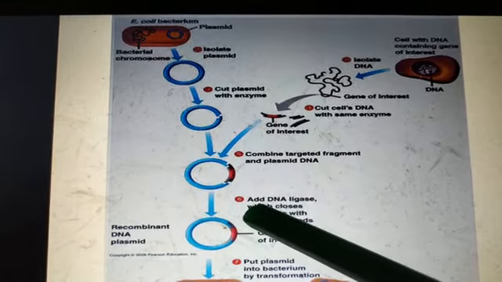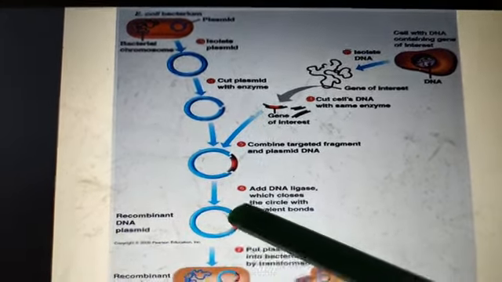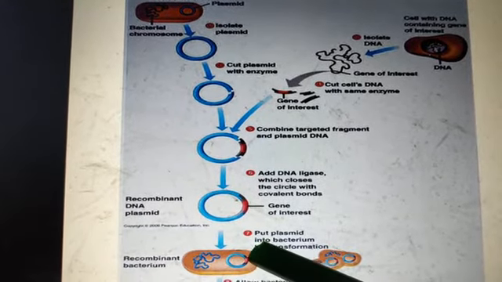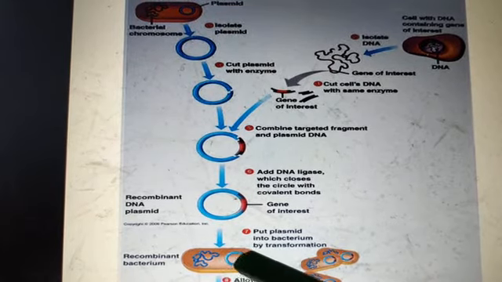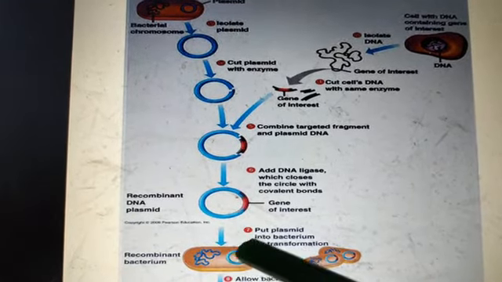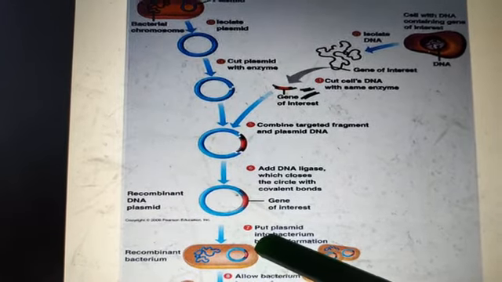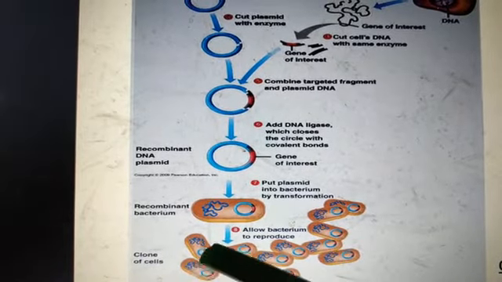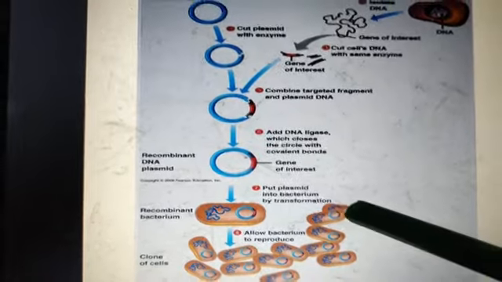Now we will put this DNA into the bacteria. This is our host, the bacteria. So we will put this recombinant DNA in the bacteria. Now we will allow the bacteria to reproduce. Once it reproduces, this bacteria will form many copies of the gene.